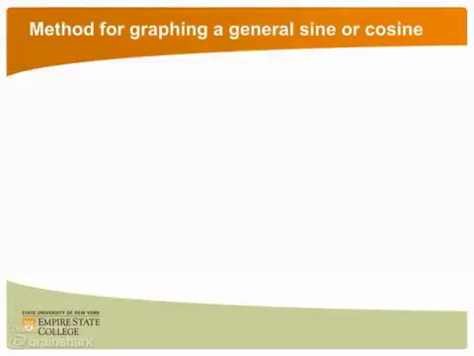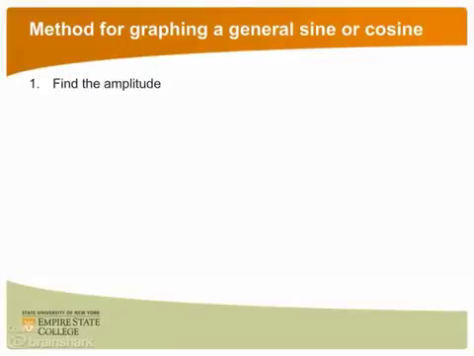In the previous installment of this series, we discovered how to find the values for the important features of a sine or cosine graph. Now we will use those features to create a process for graphing a general sine or cosine function. First, find the amplitude.